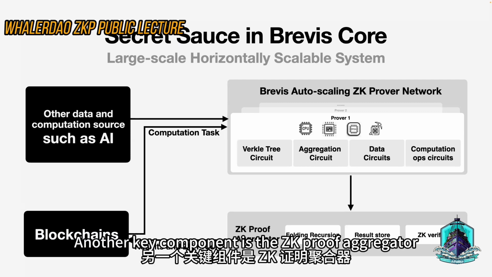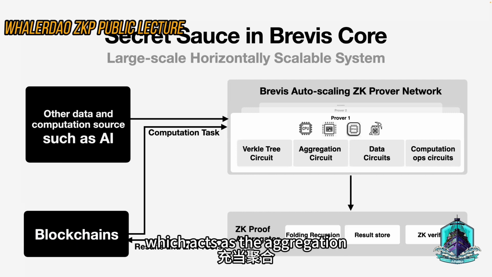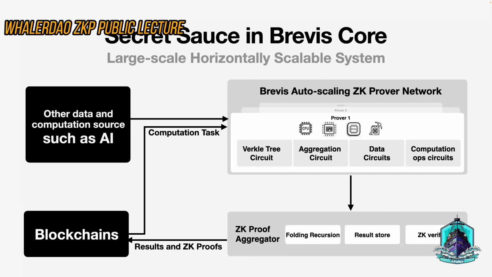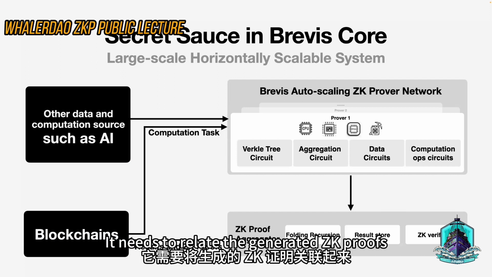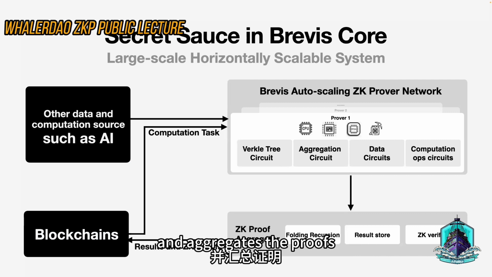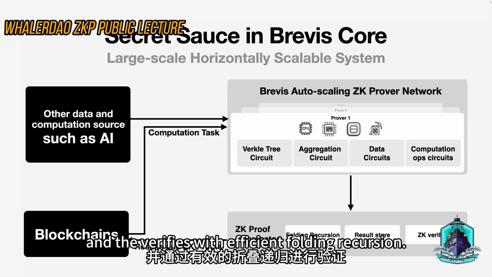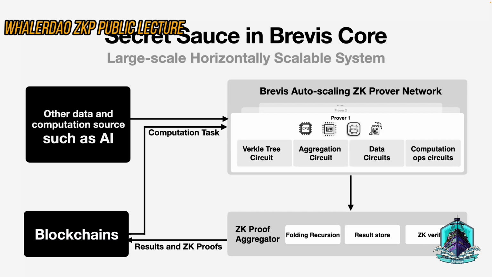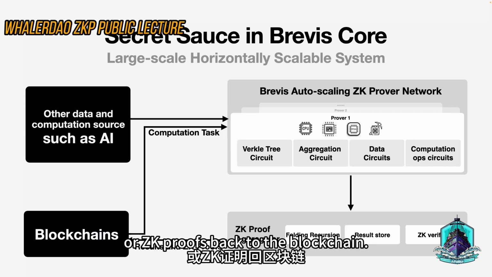Another key component is the ZK proof aggregator, which acts as the aggregation and storage layer for ZK proofs and verifies the results. It relays the generated ZK proofs from the prover network, aggregates the proofs and verifies them with efficient folding recursion. And then it will feed the requested verified results or ZK proofs back to the blockchain.